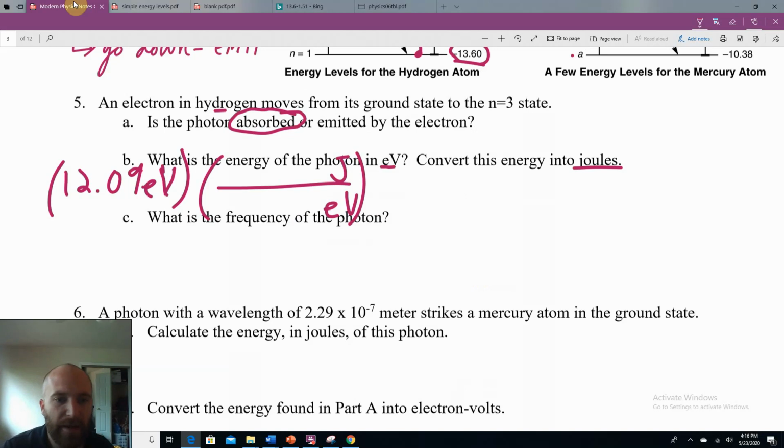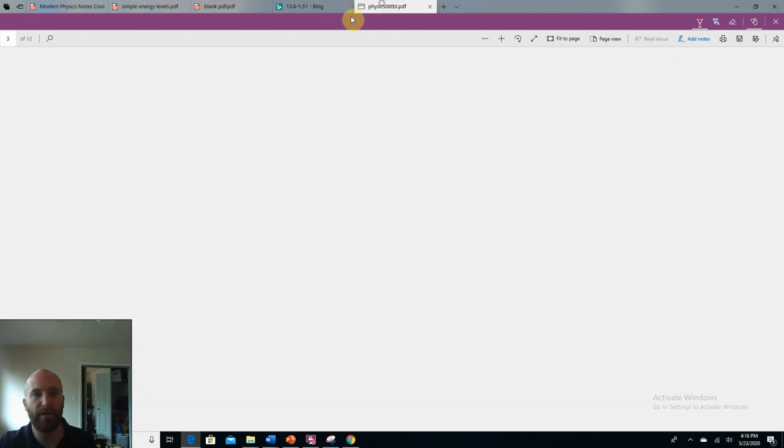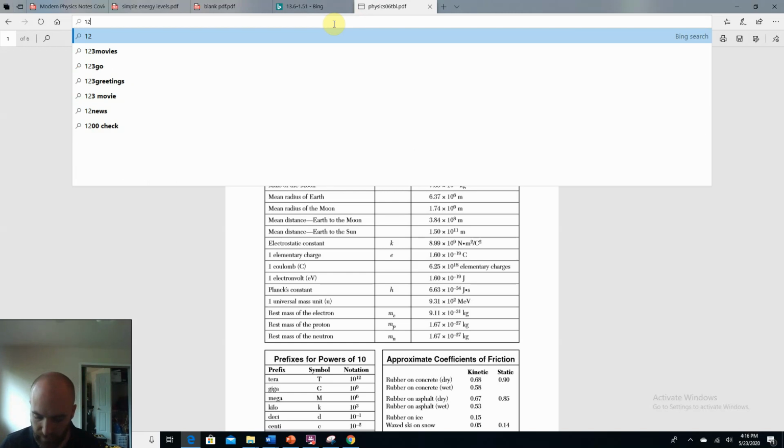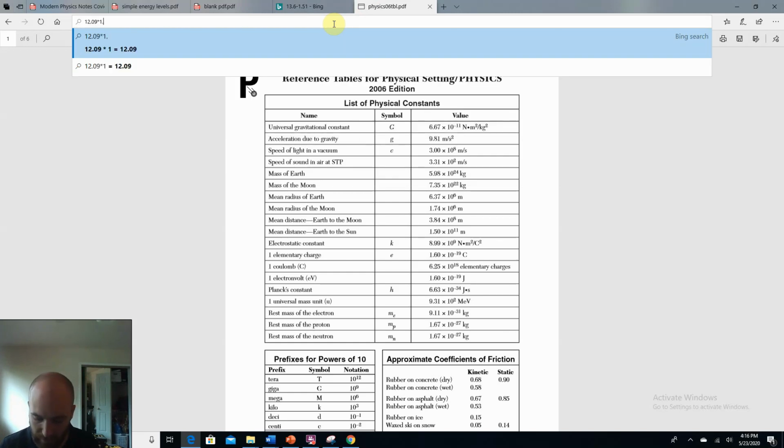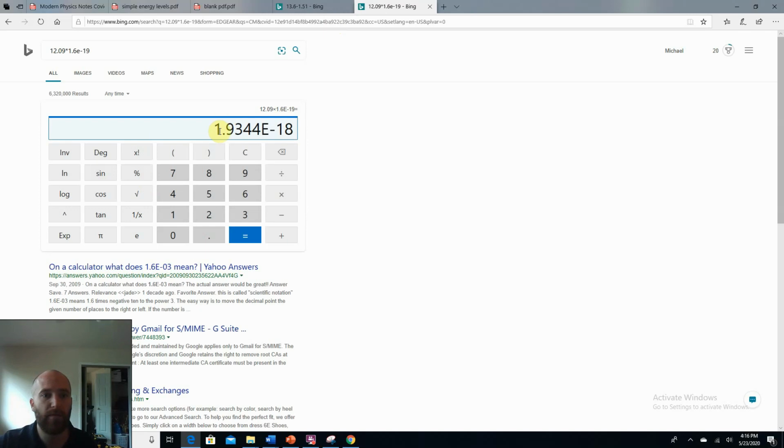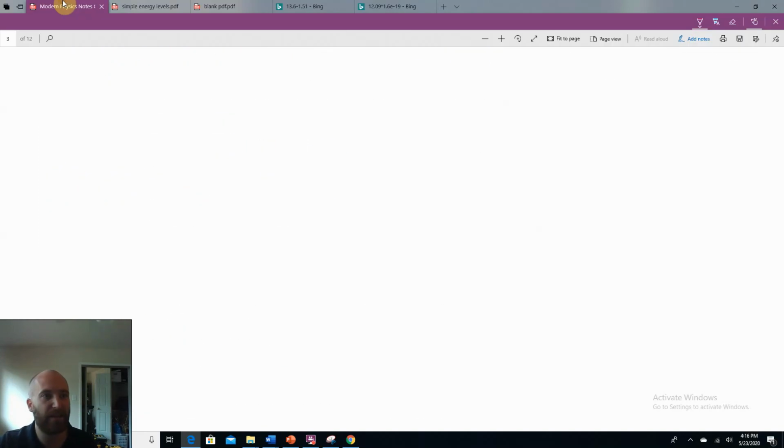So we can just go with that. It looks like that 1.6 is on the top, so we can multiply. So 12.09 times 1.6 times 10 to the negative 19 is 1.93 times 10 to the negative 18.